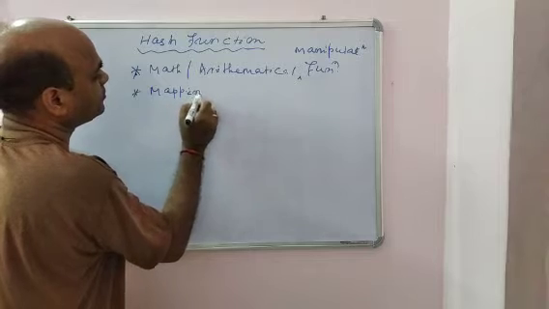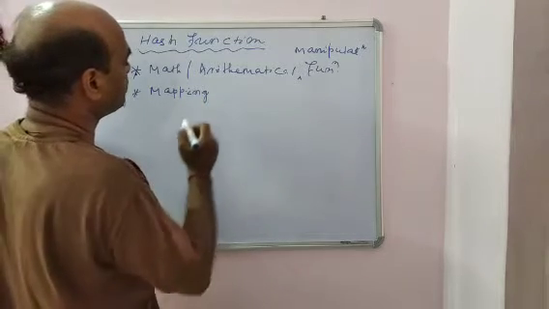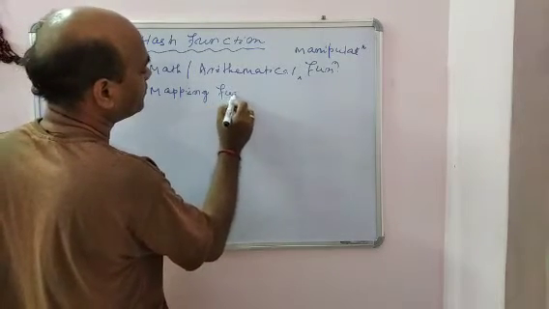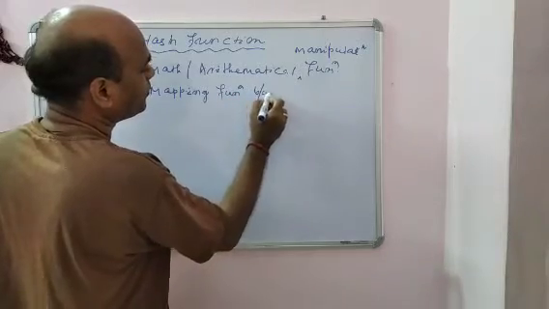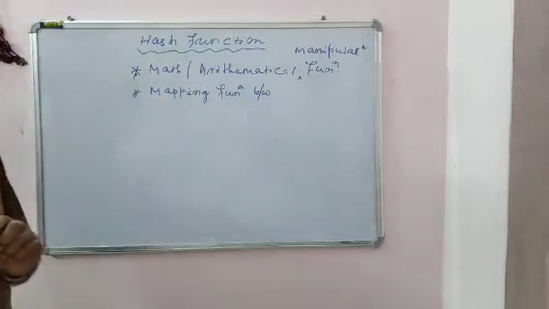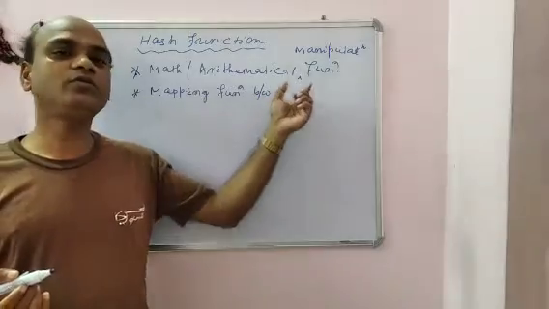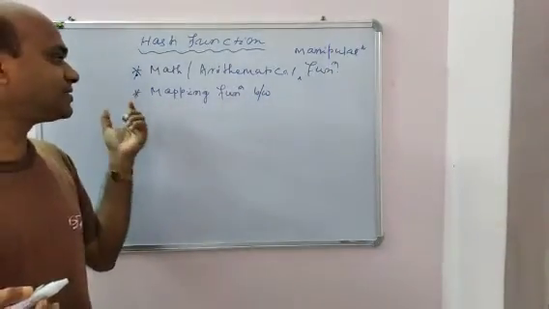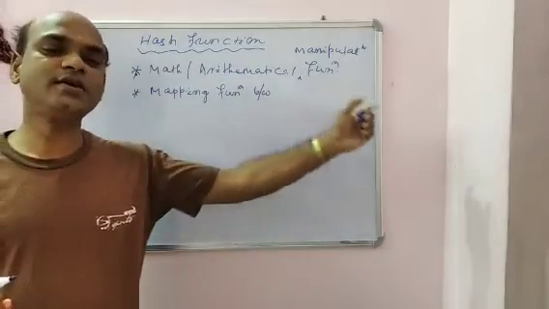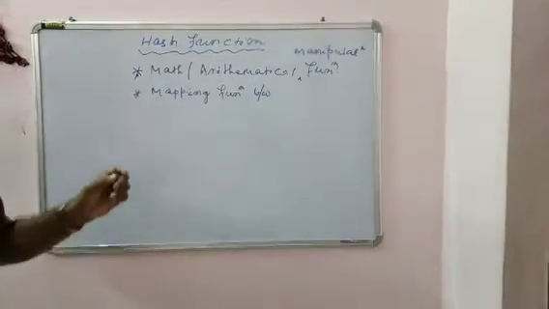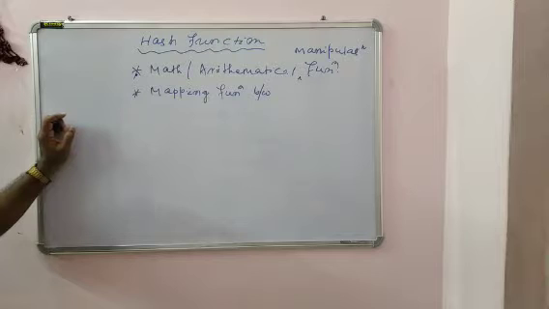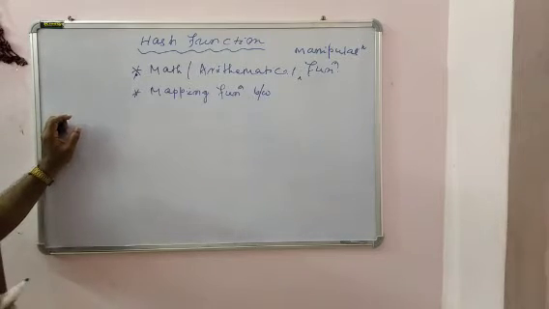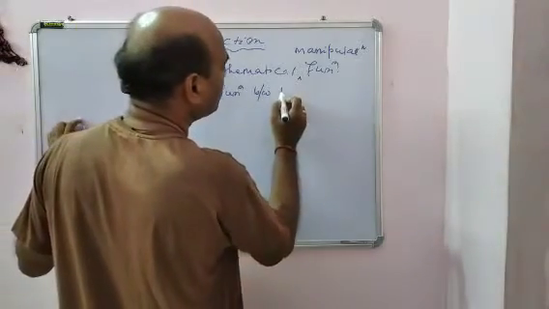This hash function is also known as a mapping function between a record key value and a memory address. That means this function accepts a key value and provides a memory address.